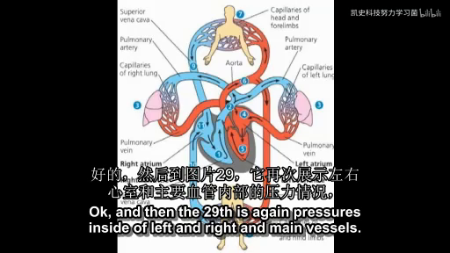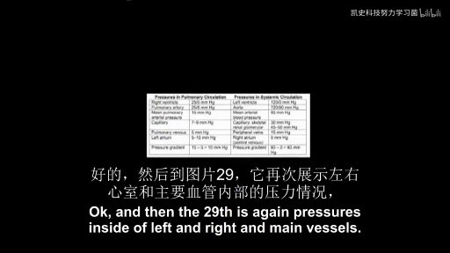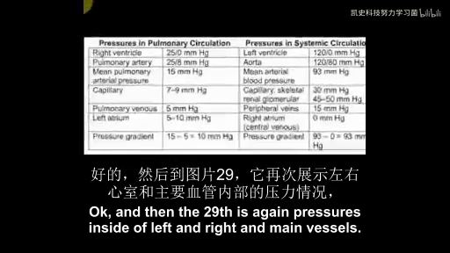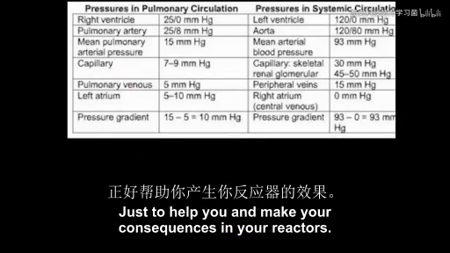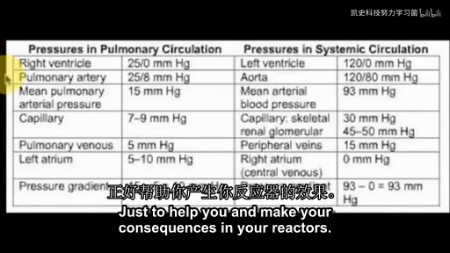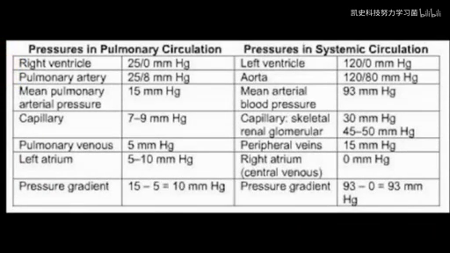Okay, and then the 29th is again measurement of different pressures inside of left, right and main vessels, just to have, and if it is helping you to make your consequence in your reactors.